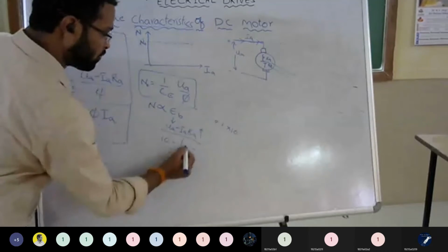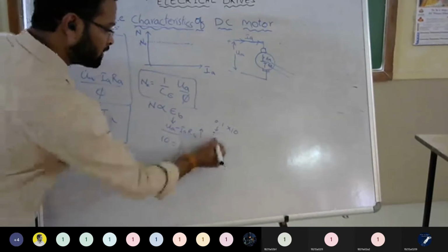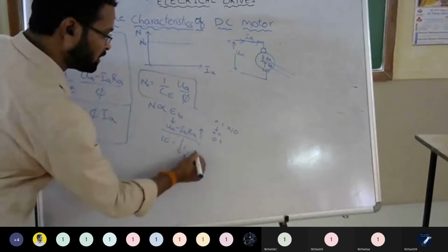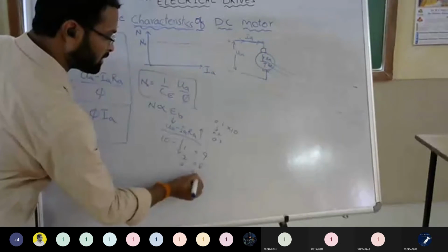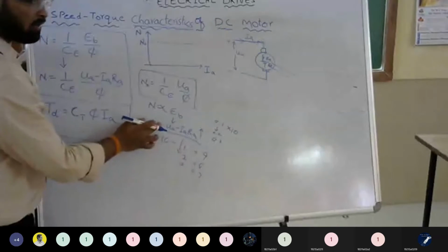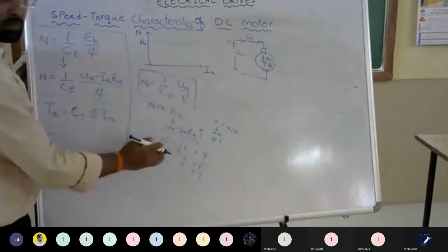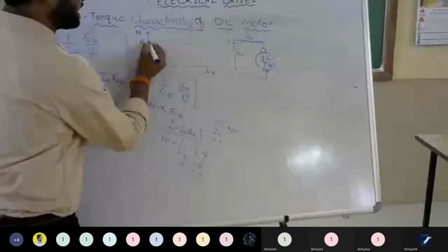So 10 minus 1. If it increases to 0.2, then it will become 2. If it increases to 0.3, it will become 3. So what is the final value? 10 minus 1, 9. 10 minus 2, 8. 10 minus 3, 7. That means when IA is increasing, this is subtracted from the constant value, so automatically this value will decrease. So speed also will decrease, but the decrease will be very slight.